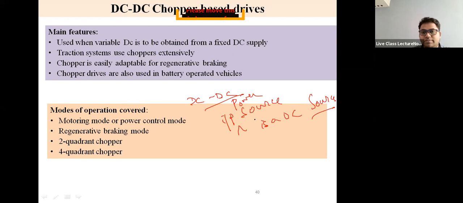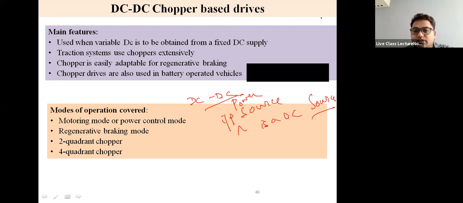Can anyone give me an example of where the input source is a DC one? Anyone there? Avnish, Sunil, Ankit, Samir. Any example where the source is a DC one? Akash, Sunil.